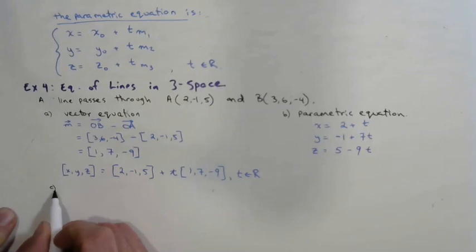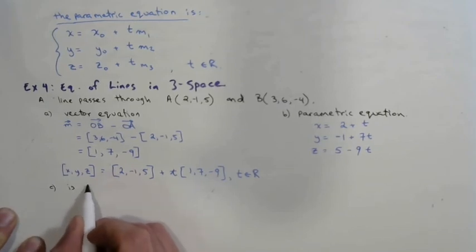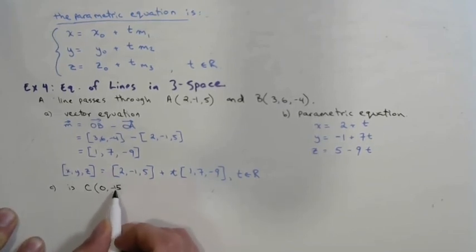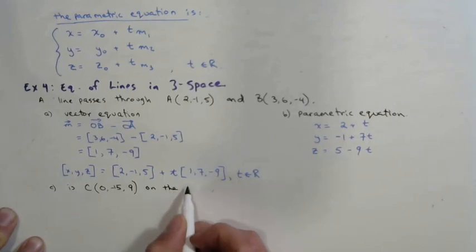I'm going to squeeze part C down here. Basically, I'm going to determine the answer to the question: is point C at 0, negative 15, 9 on the line?